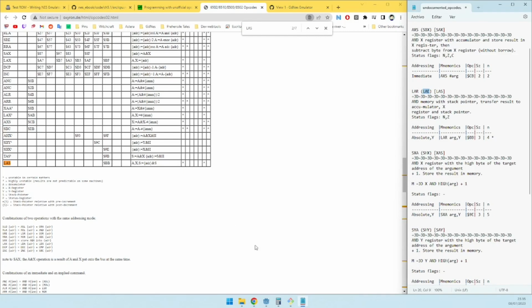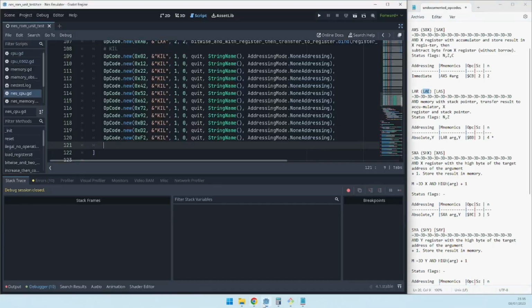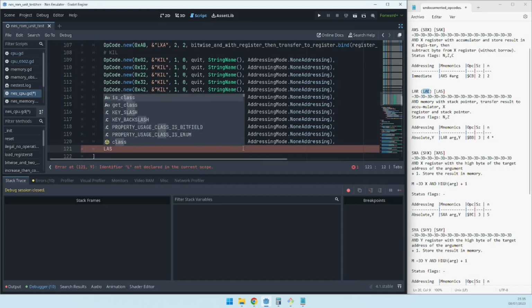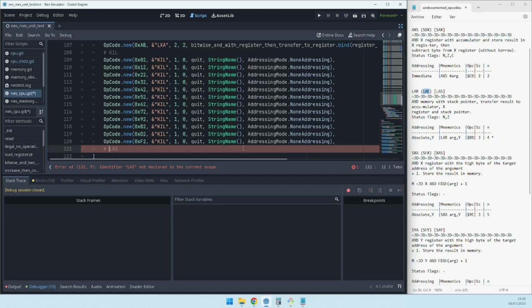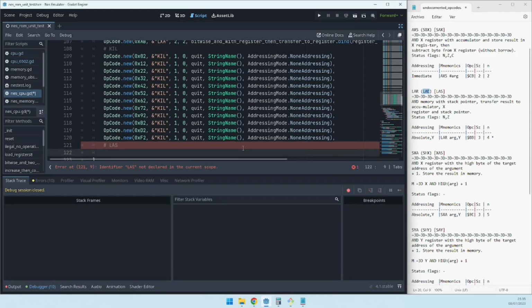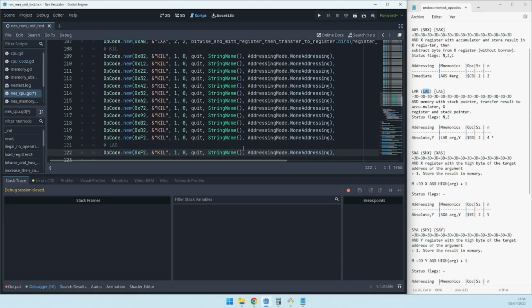Okay, so let's go. Let's name it load and stack. That is the meaning of the wording. LAS, and it's BB.